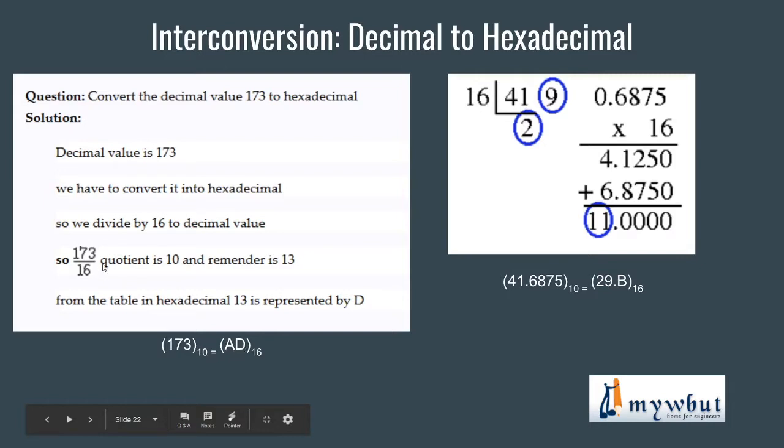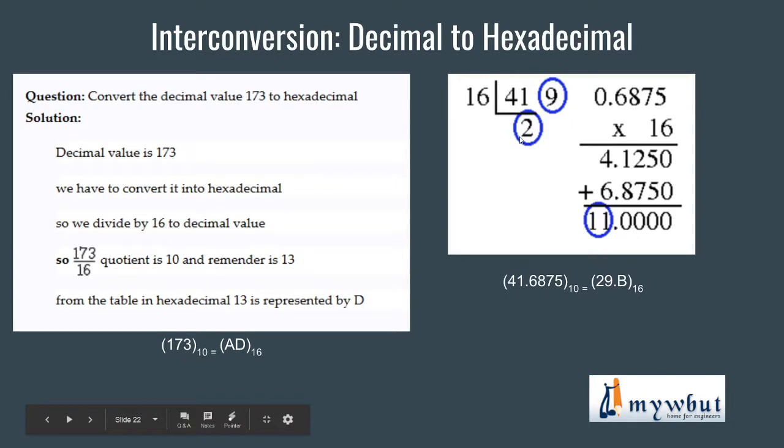Why? Because 10 was the quotient and the hexadecimal equivalent of decimal 10 is A. So we write it first, because we always use the bottom to top approach as we have already discussed earlier. And the remainder was 13, whose hexadecimal equivalent is D. So we have 173 base 10 is equal to AD base 16, or hexadecimal.